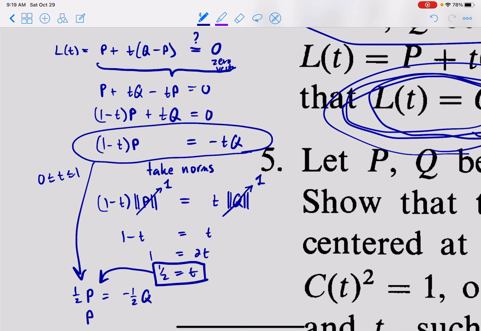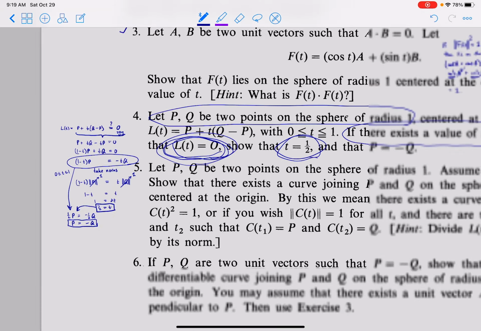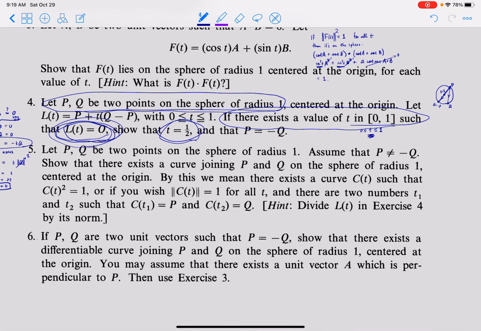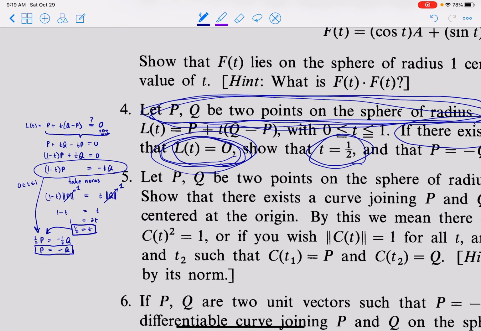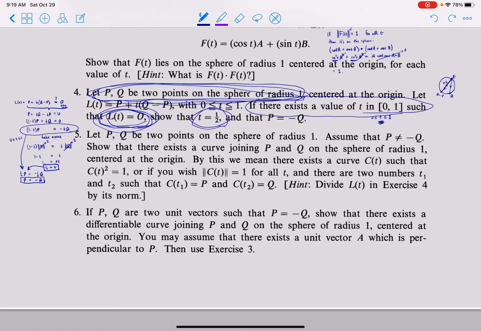Multiply both sides by 2, and we get p = -q. Okay, there we go. So whenever you get stuck, look back at the problem and see if there's any piece of information you didn't use. Once I saw I didn't use that p and q are norm 1, I knew that I had to take norms.